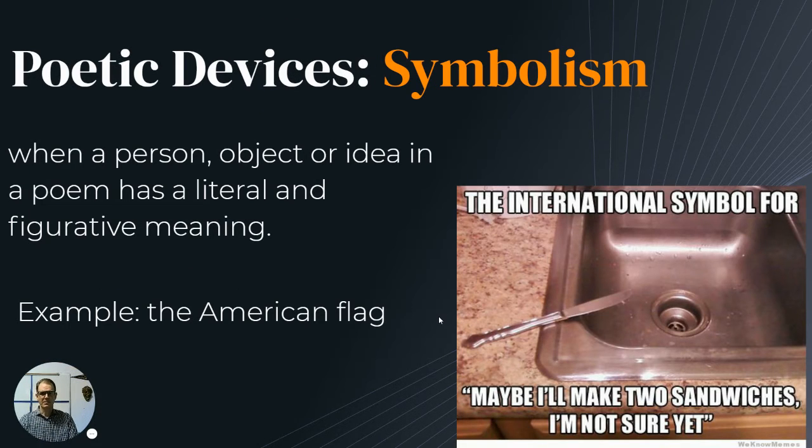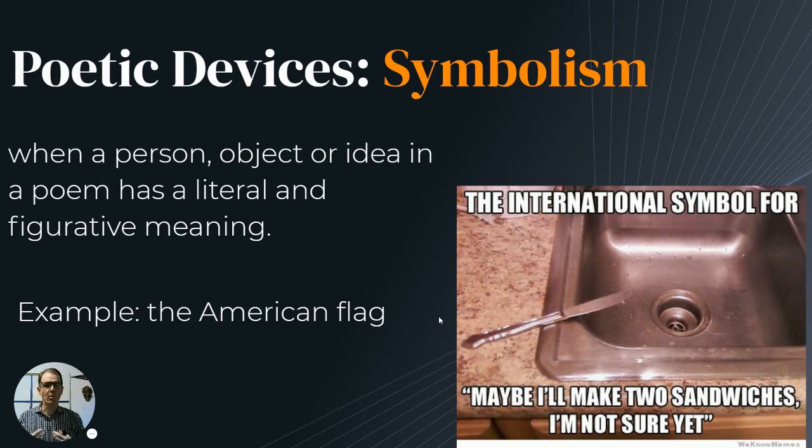Then we have symbolism. And symbolism is when a person, object, or idea in the poem has a literal and figurative meaning. And we've talked about symbolism before in this class, like the American flag. It is literally a piece of fabric with some red and blue and white dye, right? That's what it is literally. But it has a much stronger figurative meaning.